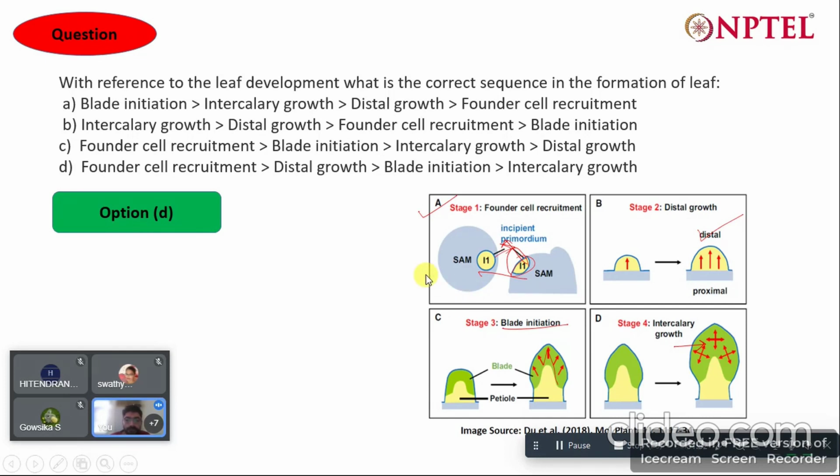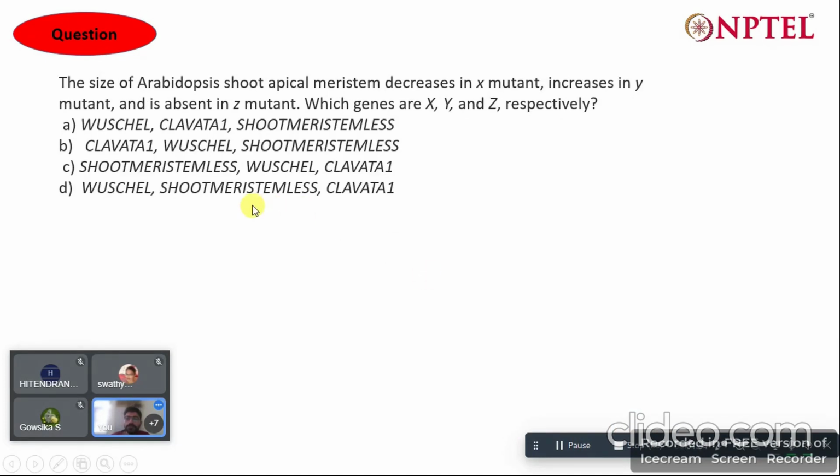If not, then we'll move to the next question. So the size of the Arabidopsis shoot apical meristem decreases in the X mutant, increases in the Y mutant, and is absent in the Z mutant. So what are these X, Y, and Z genes respectively? Option A is Wuschel, clavata 1, or shoot meristemless; option B is clavata 1, Wuschel, or shoot meristemless; option C is shoot meristemless, Wuschel, or clavata 1; option D is Wuschel, shoot meristemless, or clavata 1.